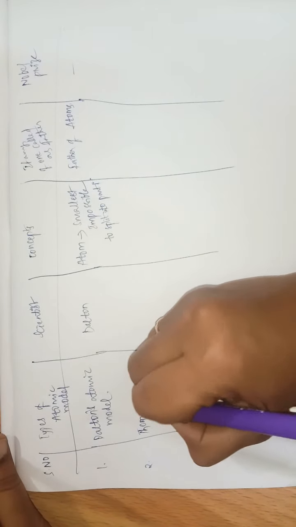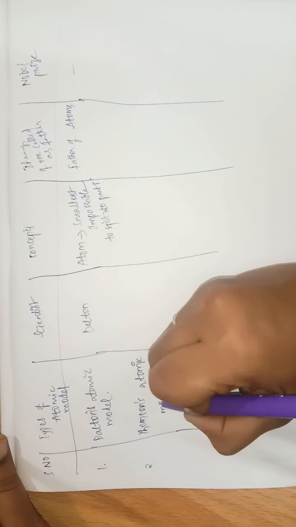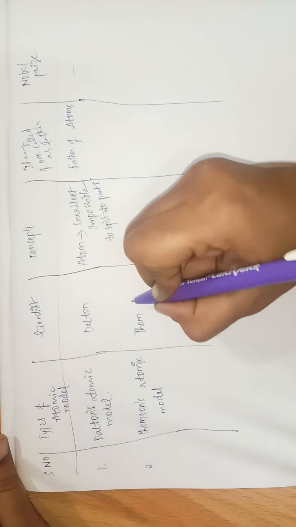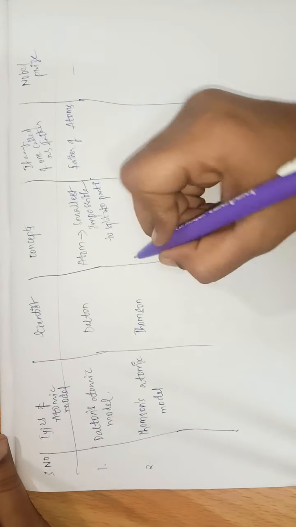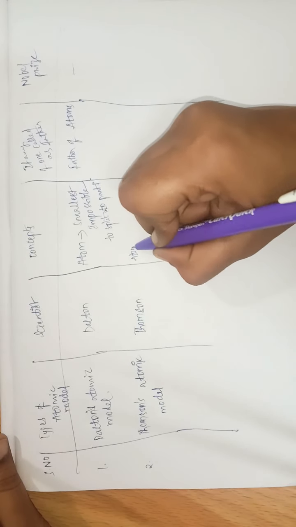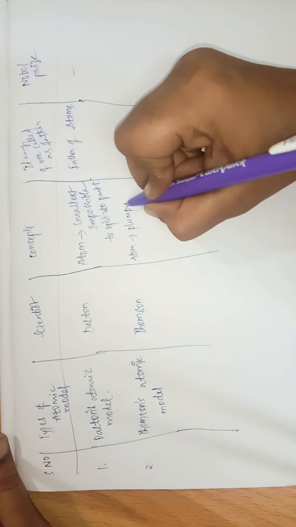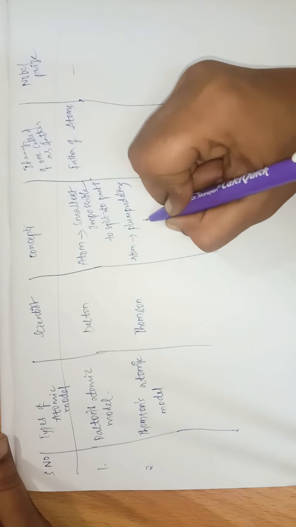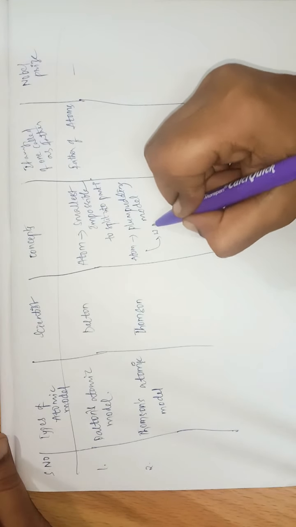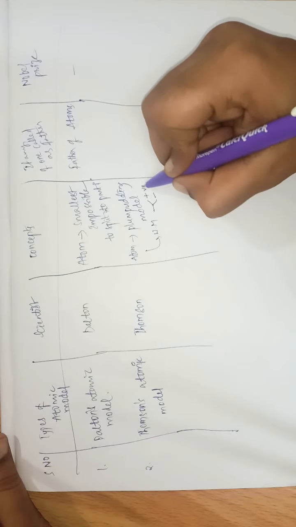Second, Thomson's atomic model. Scientist Thomson said that the atom is like a plum pudding model, like a watermelon, having both positive and negative charges.